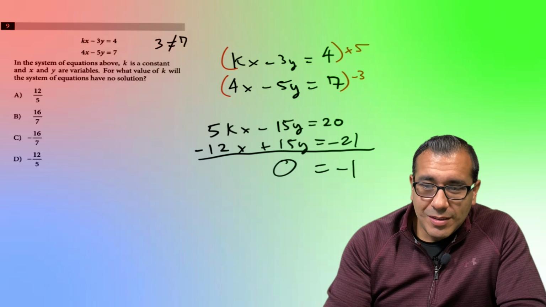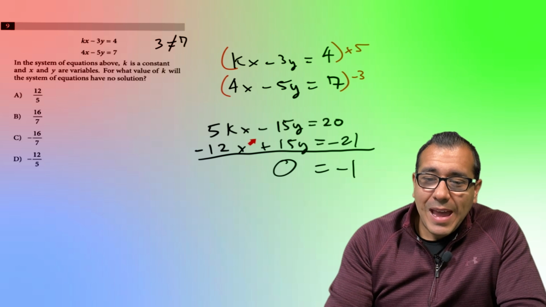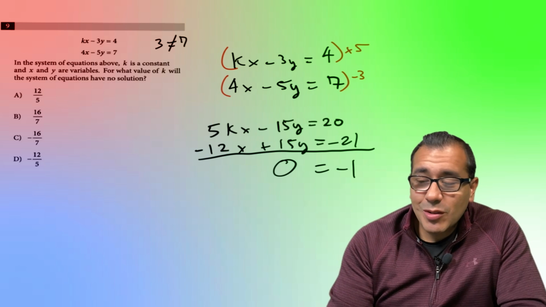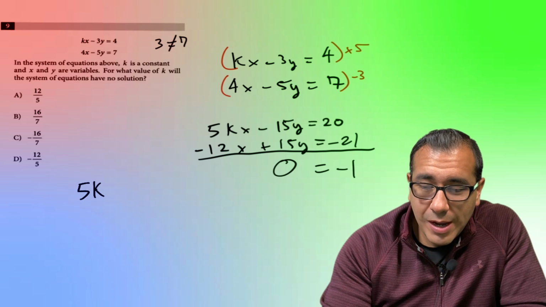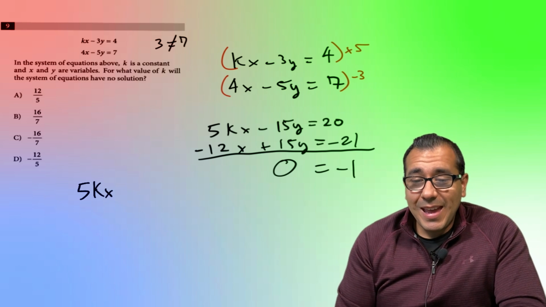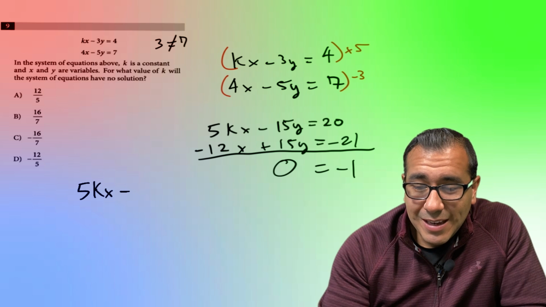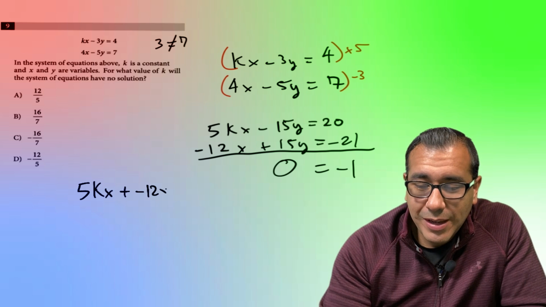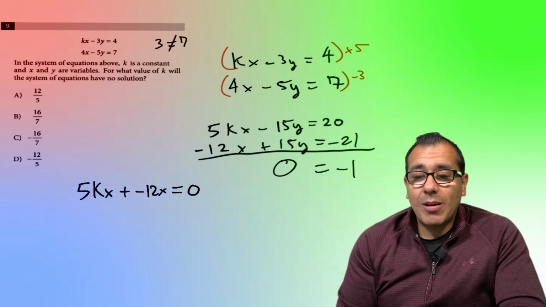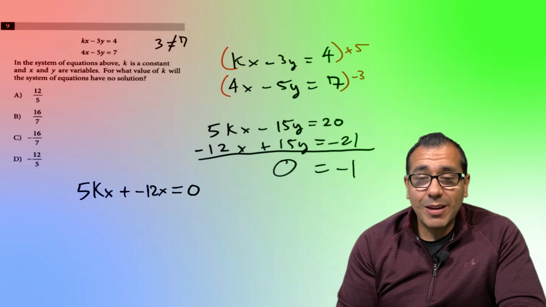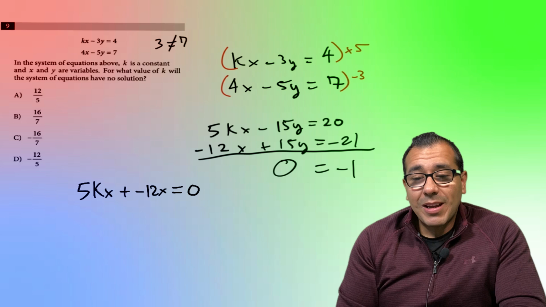Well, we know these are going to cancel, that's obvious. But how do we get these to cancel? So what we're looking for, let's think about this. We want 5k times x, we want that when we add that to negative 12x, right? When we add those two, we want those two to cancel out. We want it to be 0, all right? So now we could just go ahead and solve for k.